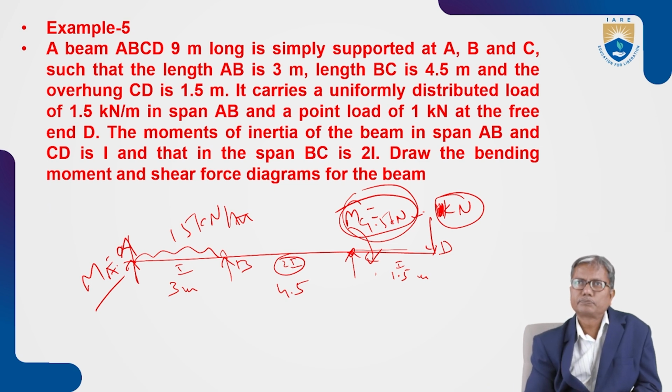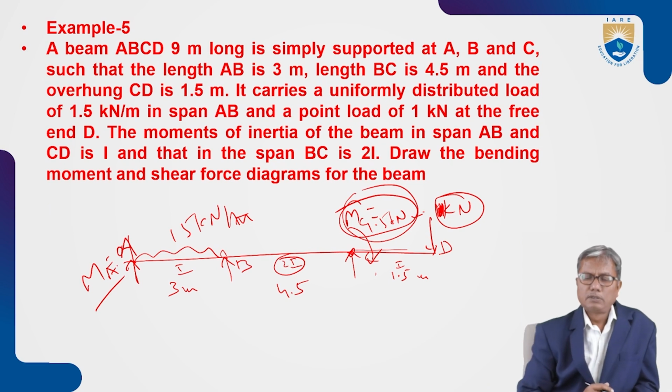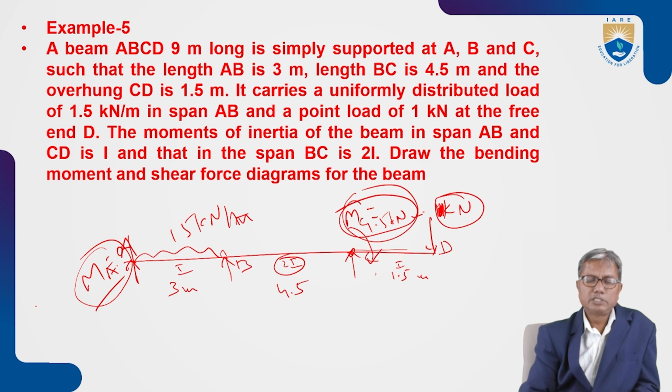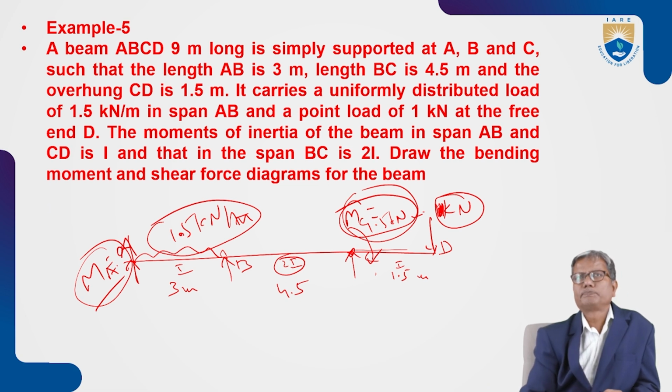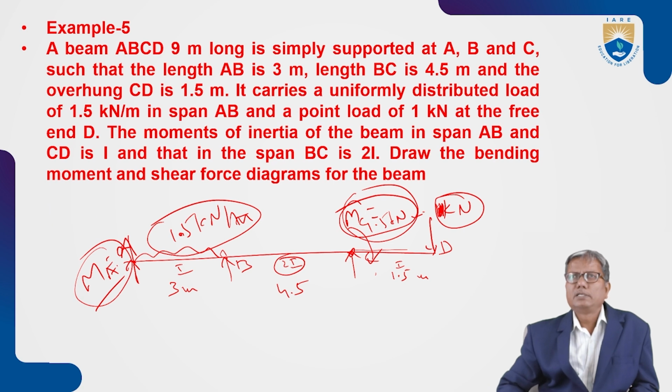Is this clear? So also bending moment at A, being simply supported, it is 0, irrespective of the loading on AB and BC. It is clear. Okay? Yeah. Keep this in mind.